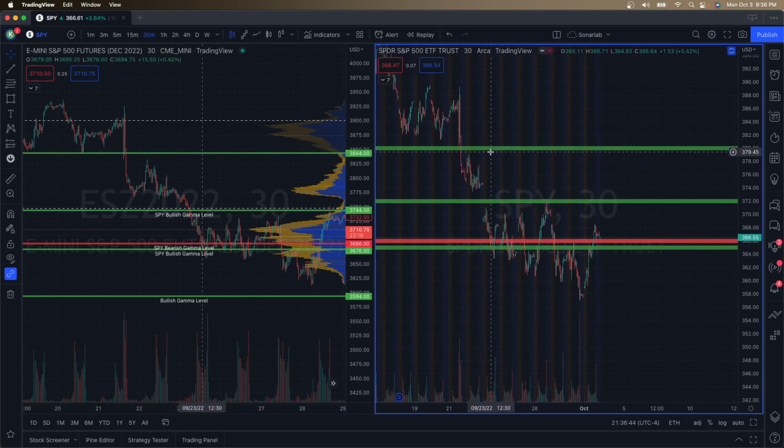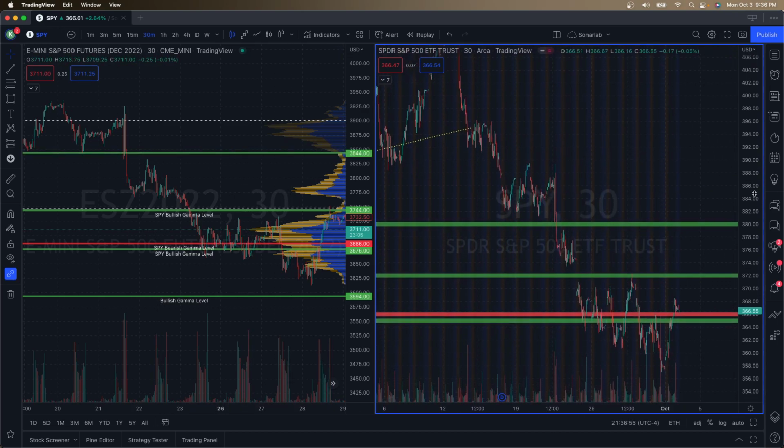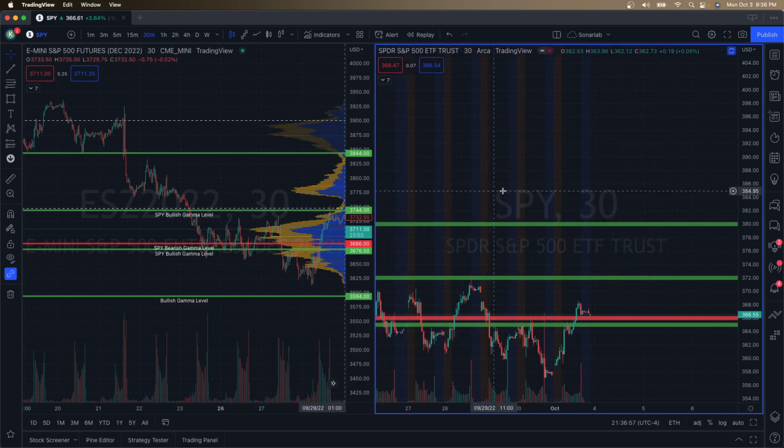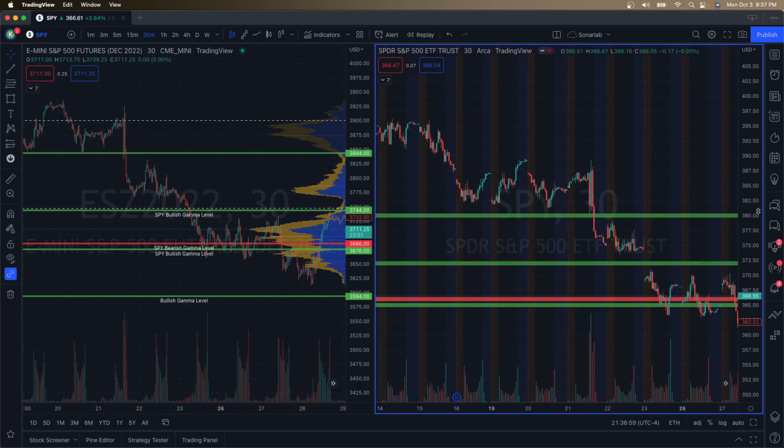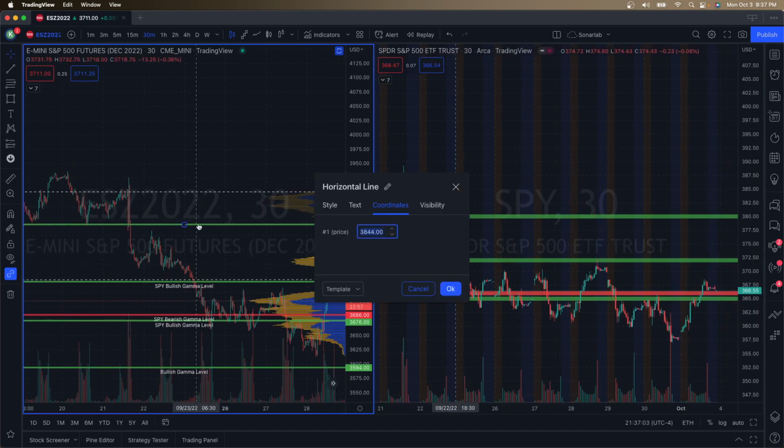If we look at SPY, that corresponds with 380, which is typically a big gamma level. On SPX, based on the price action, it actually correlates better with 3850 than it does 3800 because it's not just a flat times 10. But if you're talking about futures, you can subtract 6, so 3844, and that will be our big gamma level.